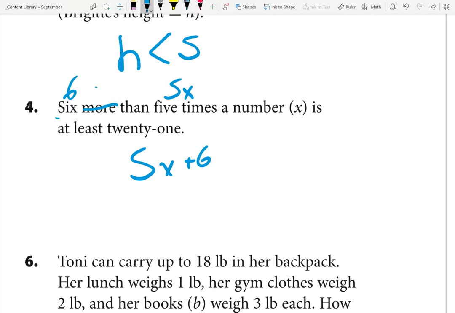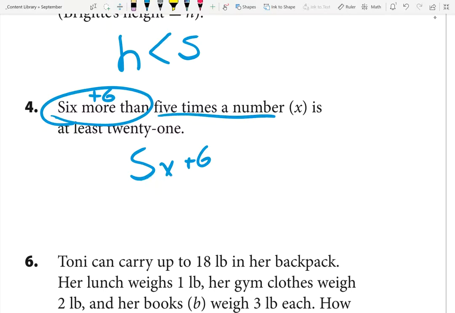If that were to say less than, and you try to do 6 minus 5x as your statement, it would be wrong. So get used to putting this plus 6 or minus 6, whatever it is in other problems, at the end, last, after you write the 5x, 5 times a number, okay?